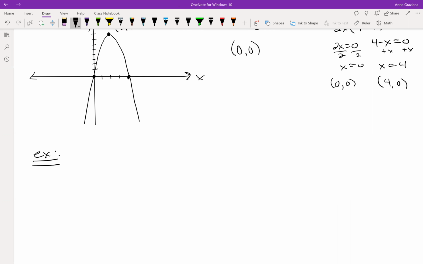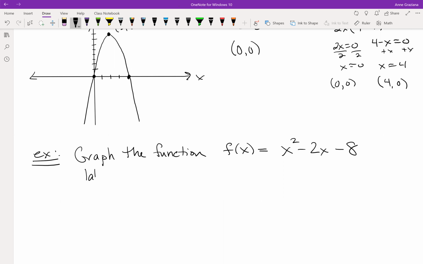I want you to graph the function f of x is equal to x squared minus 2x minus 8, labeling the vertex and intercepts.